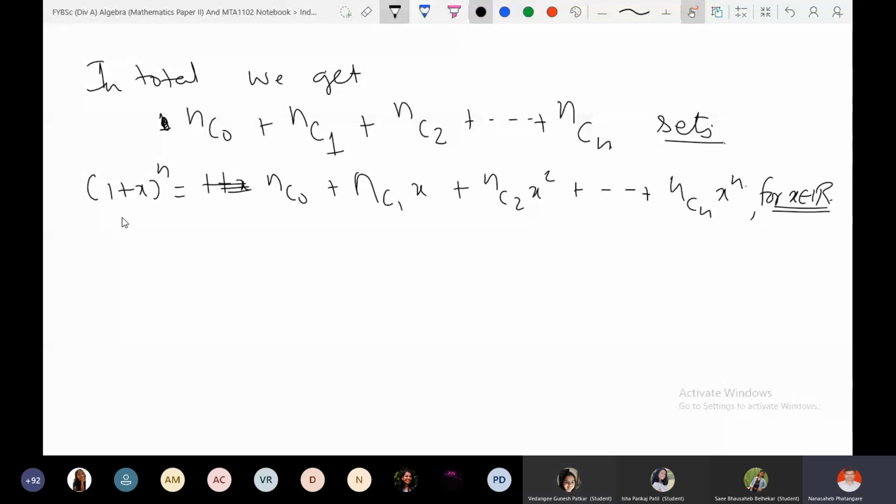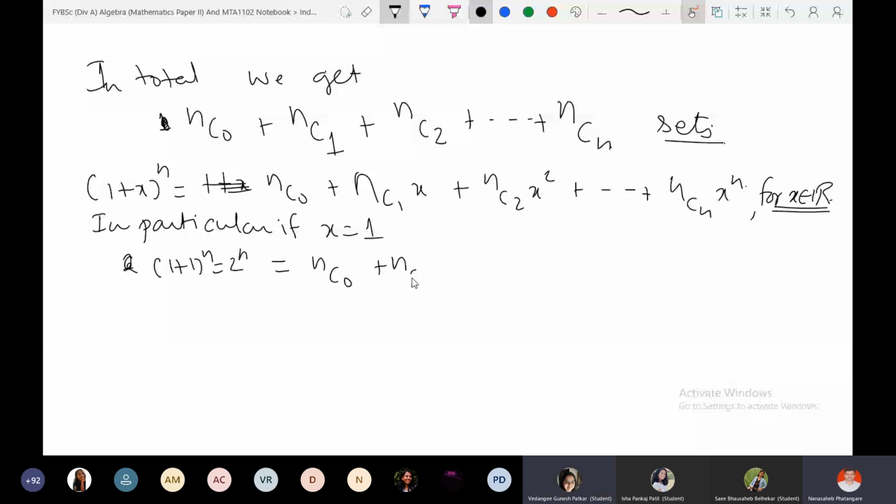So in particular, if x is equal to 1, the equation still holds. The left hand side is 1 plus 1 raised to n, that is 2 raised to n. The right hand side is n choose 0 plus n choose 1 plus up to n choose n. Therefore the sum of binomial coefficients is 2 raised to n.